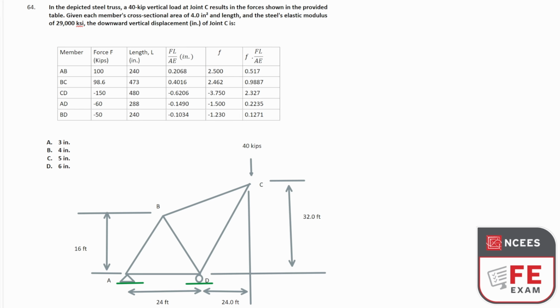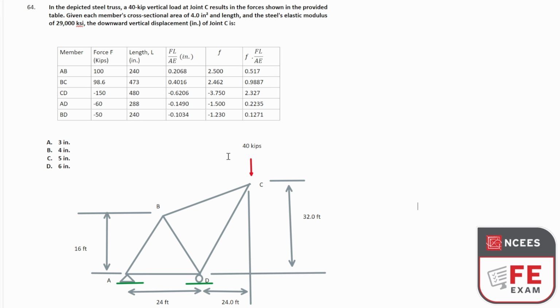If you look at this diagram, various dimensions of this truss member A, B, C, D are provided, as well as the force of 40 kips acting over here, that's provided as well.